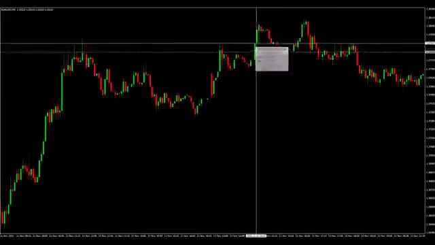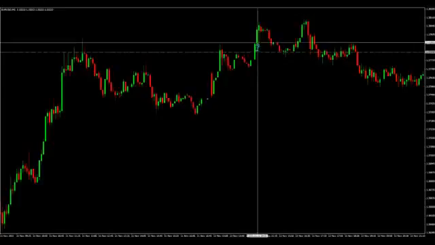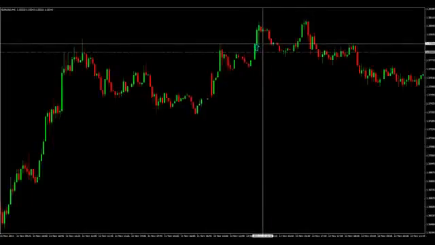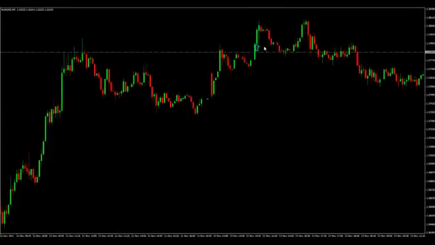So as soon as it broke up right here, we're going to be taking a call right there, and this is the 55 bar, so we're going to be waiting. Our expiry would have been on about the 5:10, so it would have been about an 11 pip win.